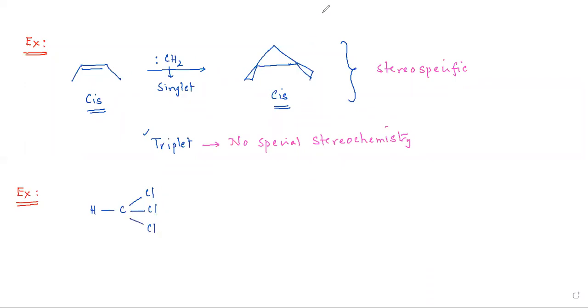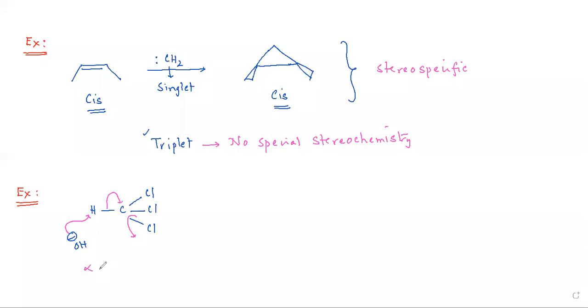So this is chloroform. Now to this chloroform, when alkali is added, this is what happens.